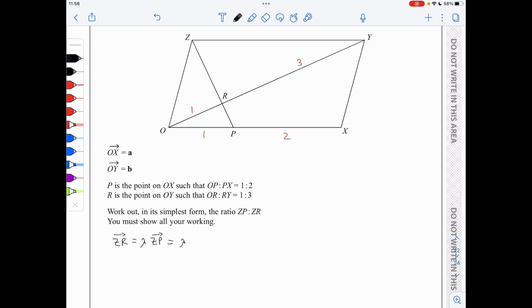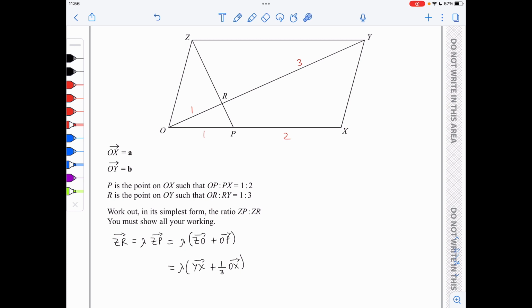So to go from Z to P, I can go from Z to O and O to P. So what I'm doing here is I'm splitting the route along already known routes, so ZO plus OP. Now ZO is simply the same as YX because it's a parallelogram, and then OP is a third of OX because we are moving in the same direction as OX a third of the way.